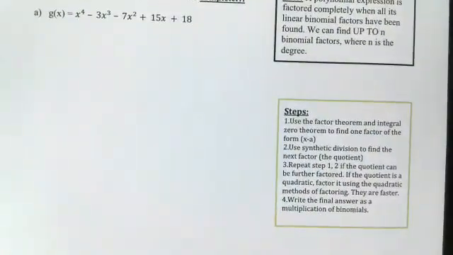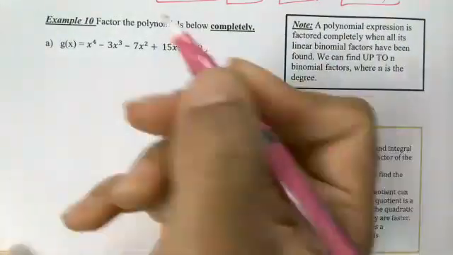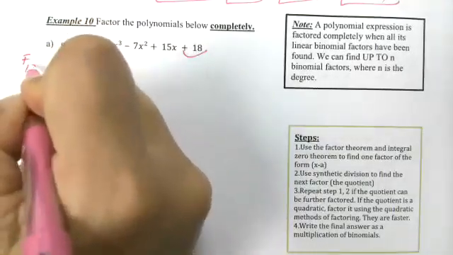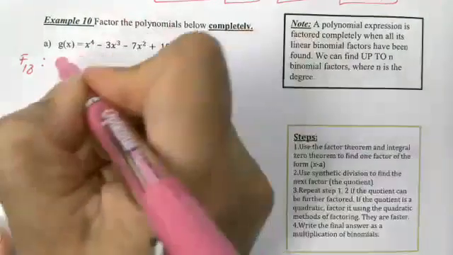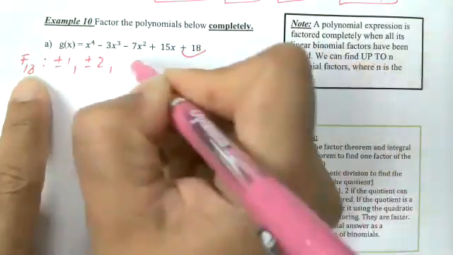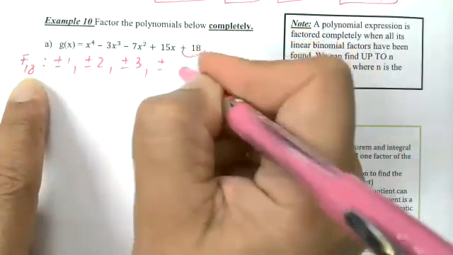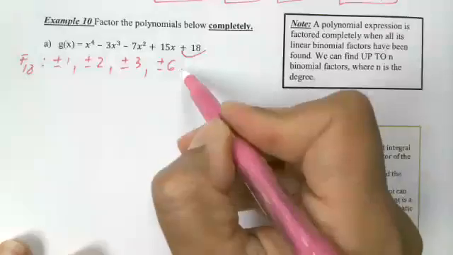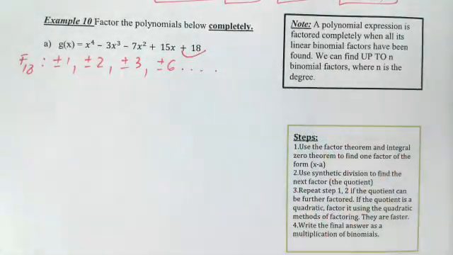So first step is look at your free term, 18, and list the factors of 18, both positive and negative, because you're looking for integers. So positive and negative 1, 2, 3, and 6. Hopefully in the first 3, you find your first one that just starts the process.